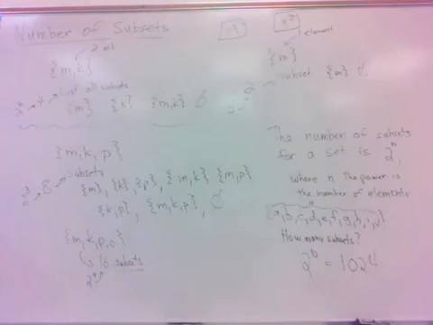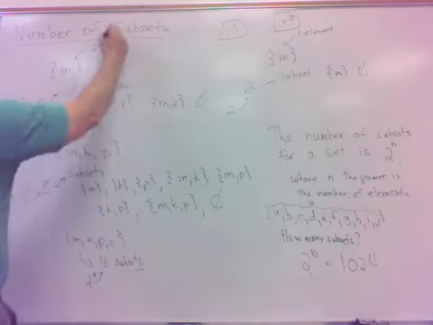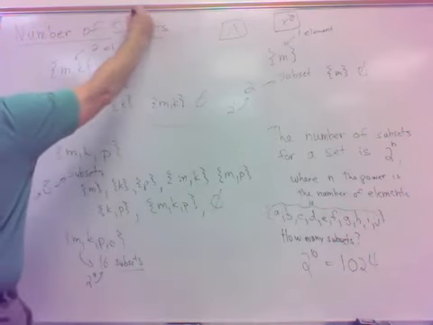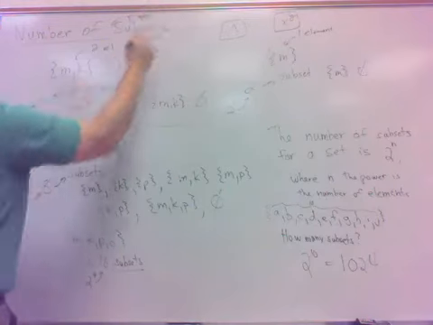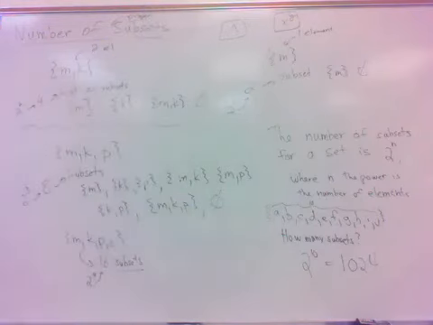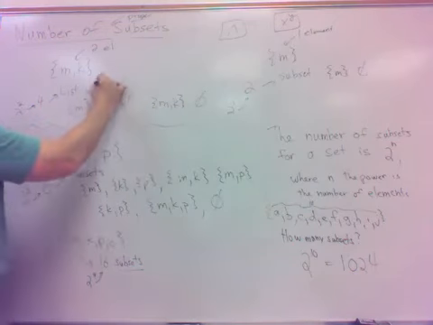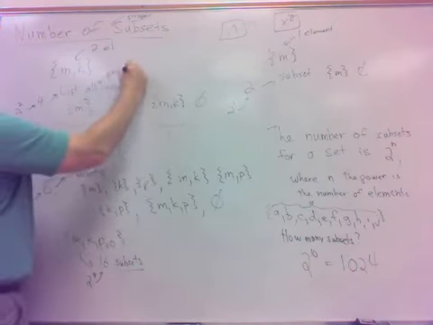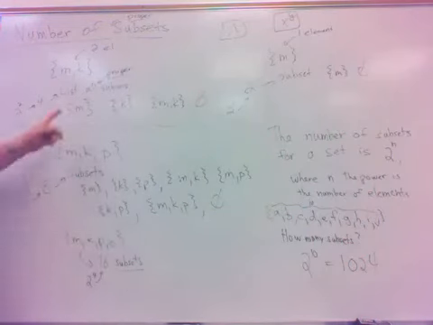Okay, I left all these up here, so let's tack on one other little piece. What about the number of proper subsets? Well, going back through our listing method here, if I list all the proper subsets, is that a proper subset?